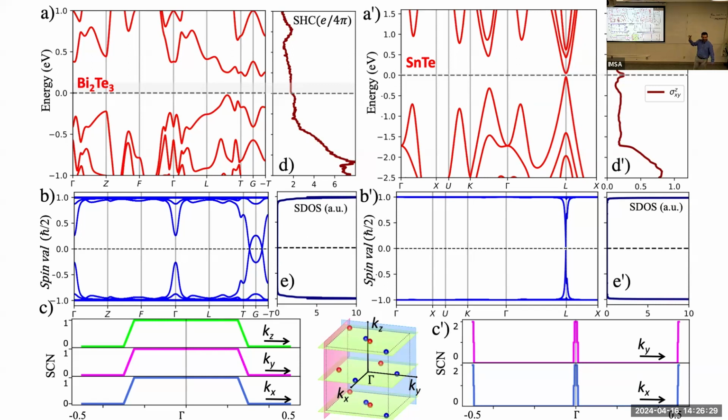We calculate for all these materials, for tin telluride, no, this is tin selenide. This is a mirror topological insulator.